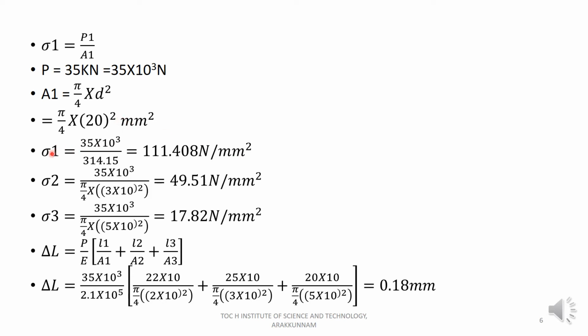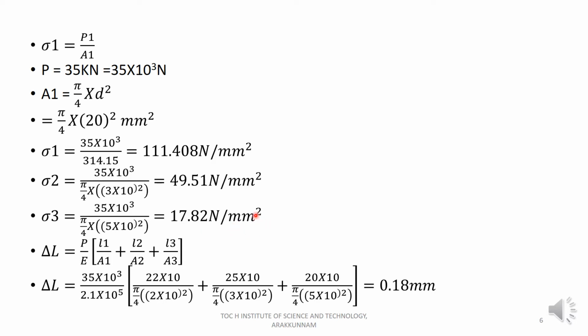You will get sigma 1 equal to 35 into 10 raised to 3 Newton divided by 314.15 mm square. So sigma 1 is equal to 111.408 Newton per mm square for section 1, sigma 2 is equal to 49.51 Newton per mm square for section 2, and sigma 3 is equal to 17.82 Newton per mm square for section 3.